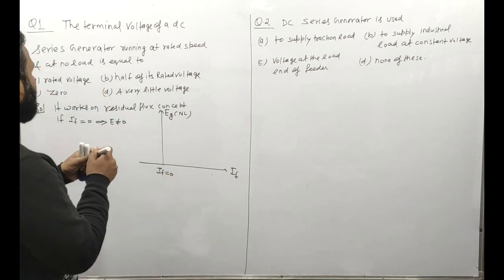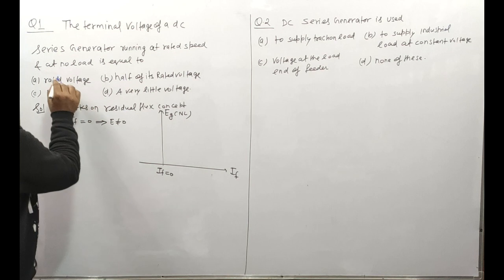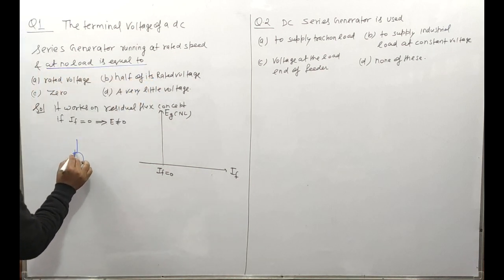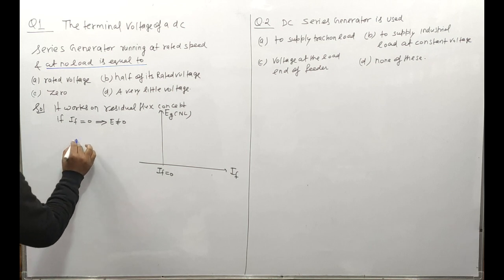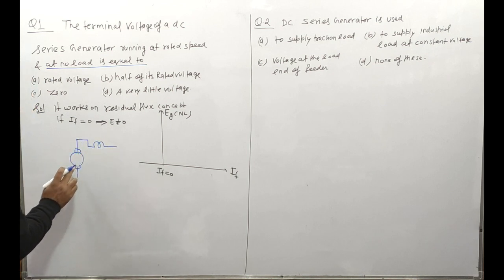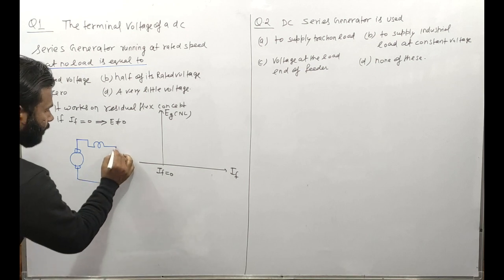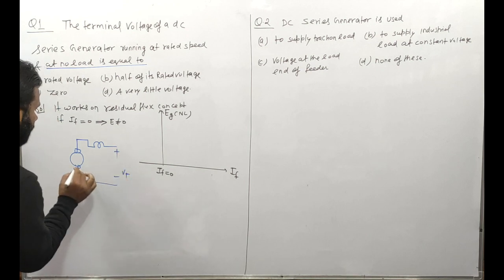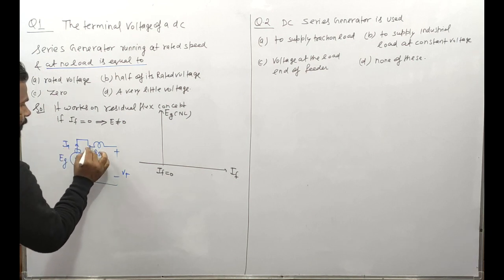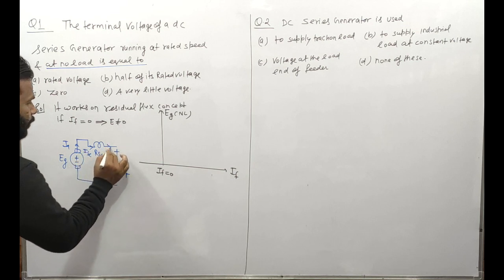Clear? Because here it is given no load, and at no load in case of a DC series generator, this is your DC series generator where the series field winding is connected in series with the armature, so it is VT. Now it is EG, and this is your IA, this is your RSE, so it is ISE, and this is your I load.